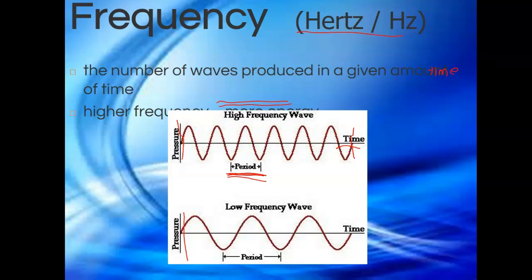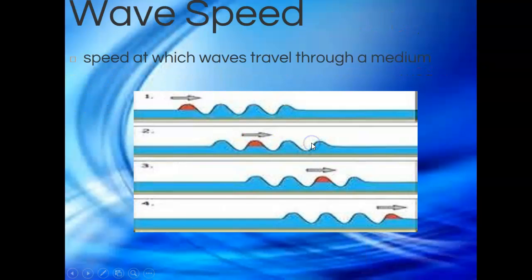Here we have our frequency. Frequency is always measured in, you got it right, hertz. The number of waves produced in any amount of time is its frequency. This one has a high frequency because we have a lot more waves happening here than we do within the same amount of time here. So a high frequency wave has a lot more waves produced per time.